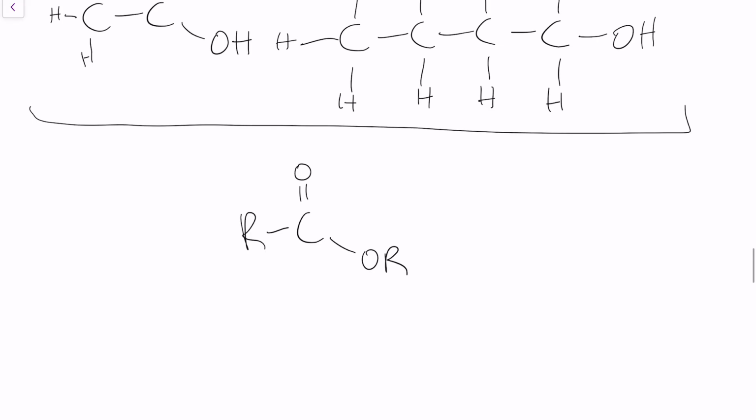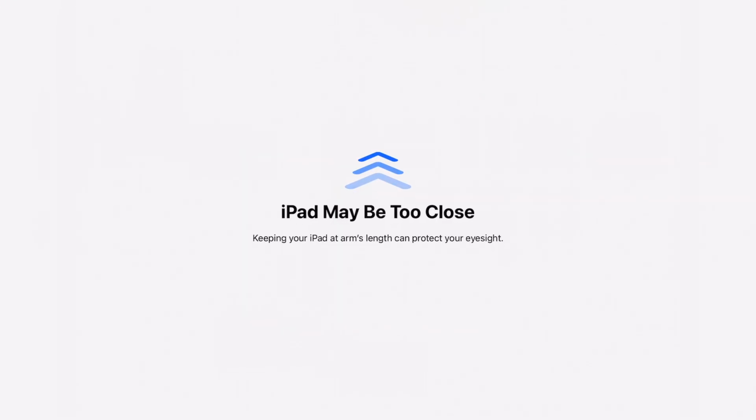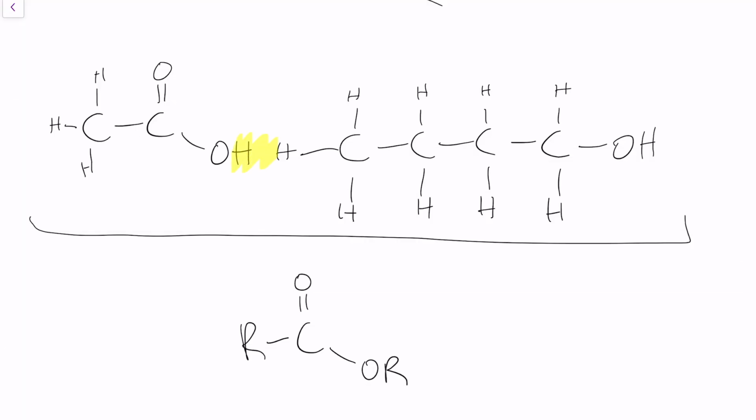And if I say that I want to get rid of these 2 H's here on the ends, and then this oxygen here, because I don't want an oxygen just lying around at the end.